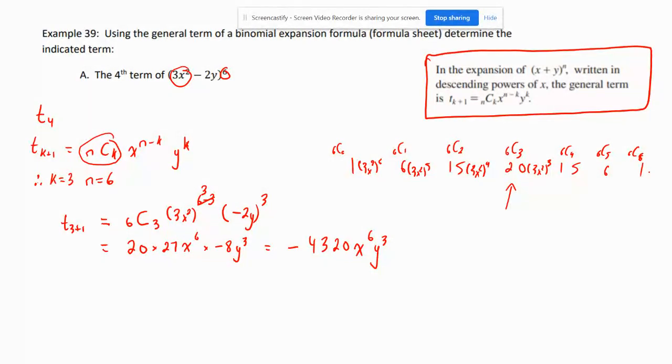Then going this way, it would have been negative 2y to the 6th, negative 2y to the 5th, negative 2y to the 4th, and this guy would have been negative 2y cubed, which was negative 2y cubed in this formula over here. Okay, so this is kind of how this formula works, and guys, you'll see questions just like this. We're going to give you an expansion like this, and they're going to ask you for the fourth term. We're just applying this formula over here.